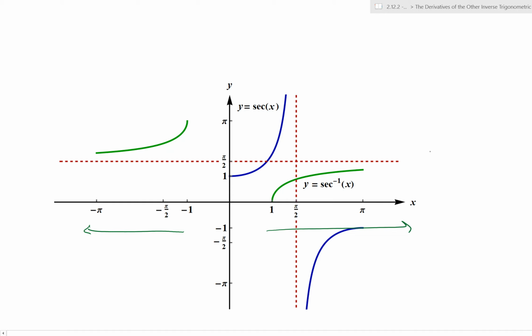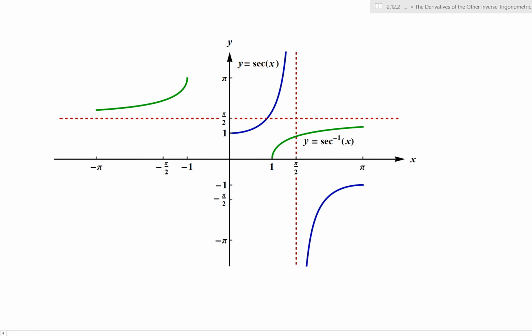And we notice that it never actually attains the output value of pi over 2, and its range is 0 to pi over 2, and then pi over 2 to pi, not including pi over 2. We can see that where it's defined, excluding the endpoints, we should be able to find its derivative because it's smooth here. So that's what we're going to do.